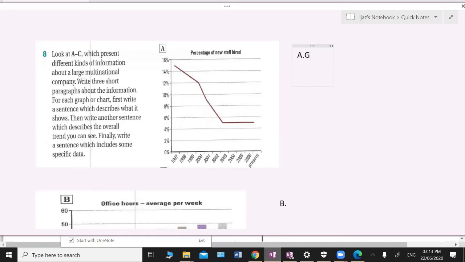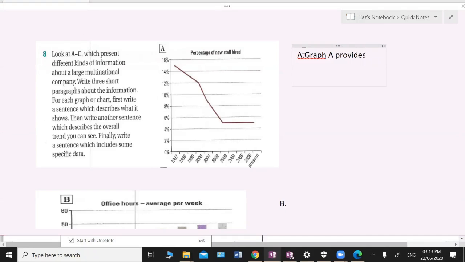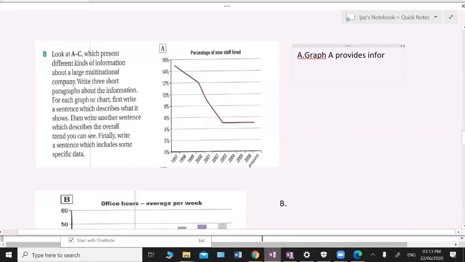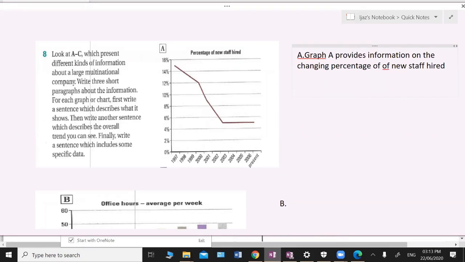So we can say graph A provides information on the changing percentage of new staff hired in a company over a period of 10 years. So this is my introduction.